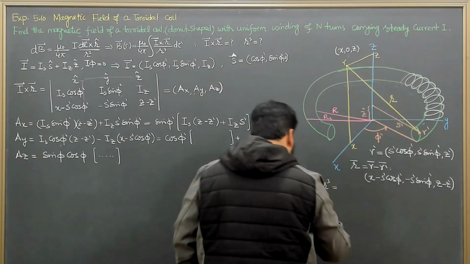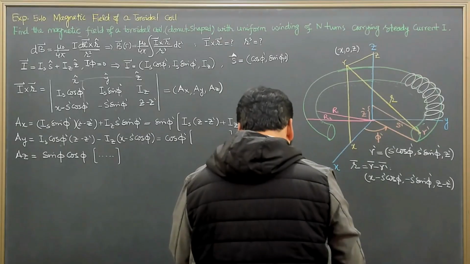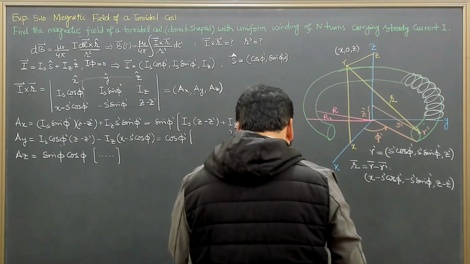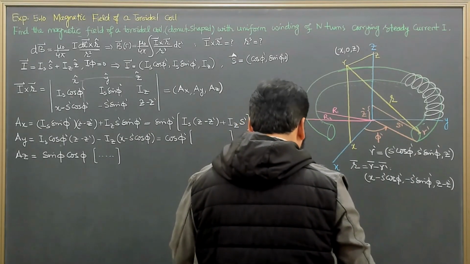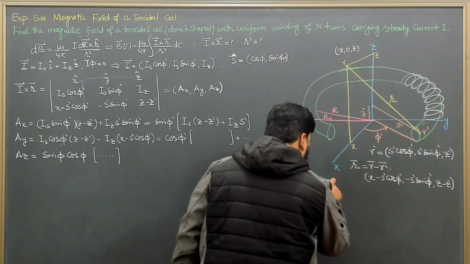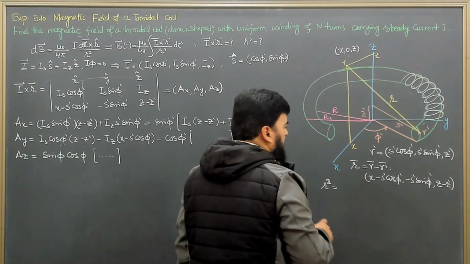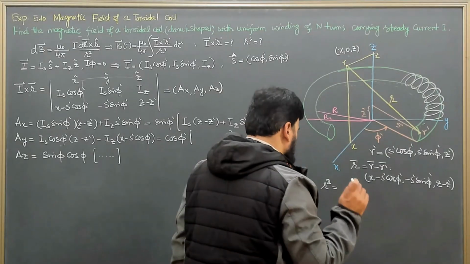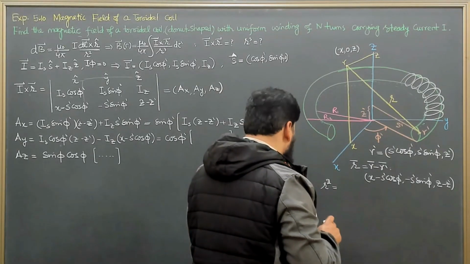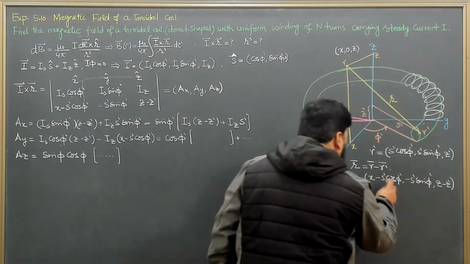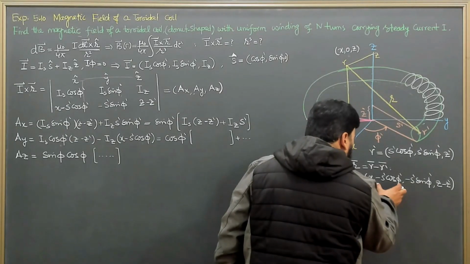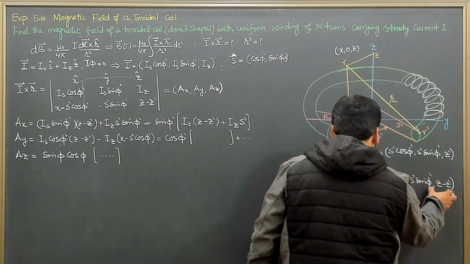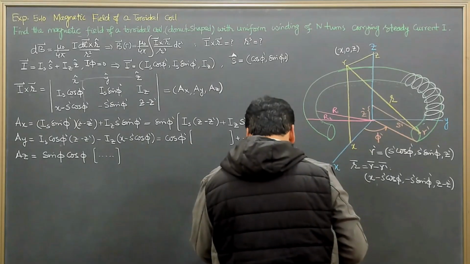This is equal to, if I find R square, for example, first, because it will be easy to find. You will see in a while why I'm saying this. So we have the whole square of this, the whole square of this, and the whole square of this.